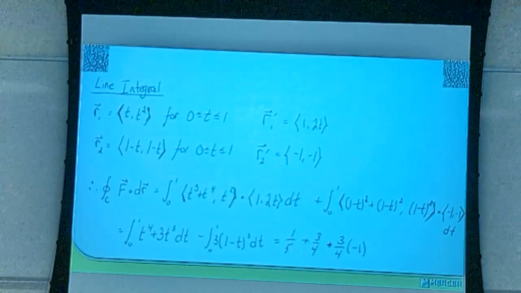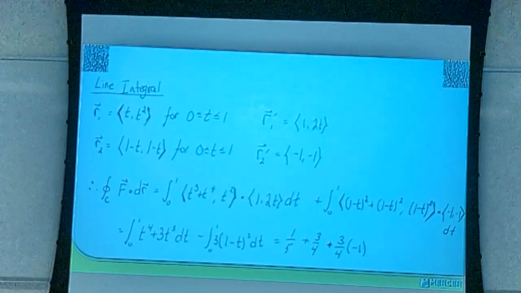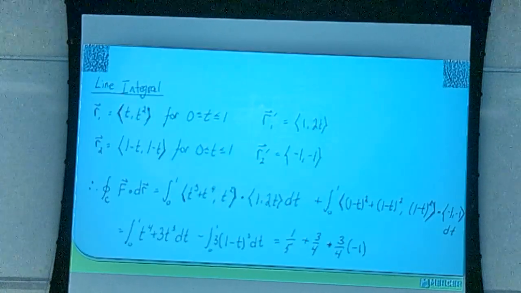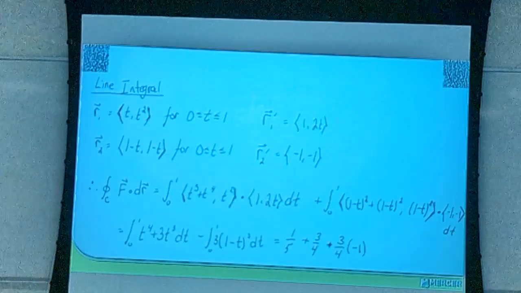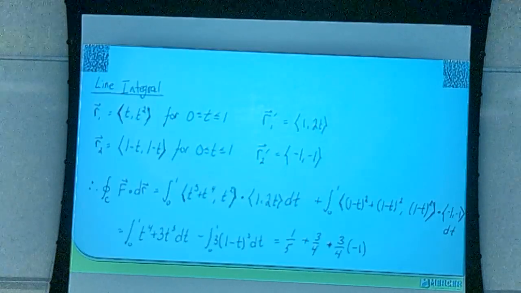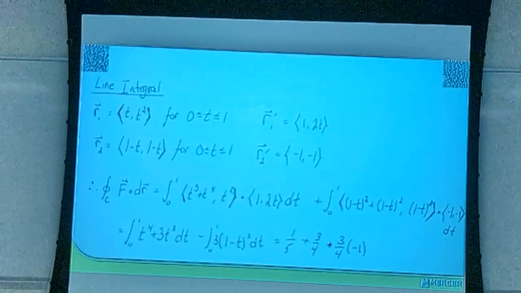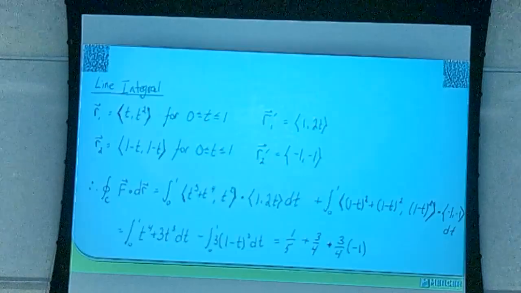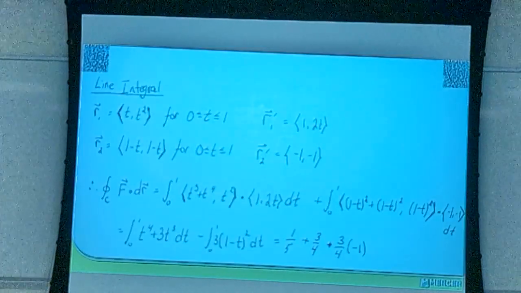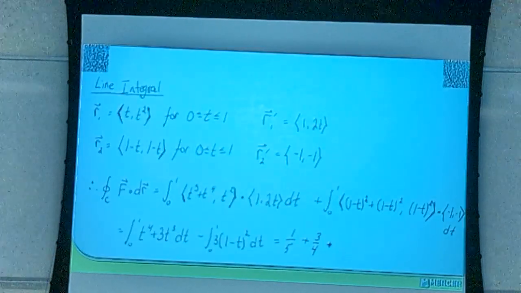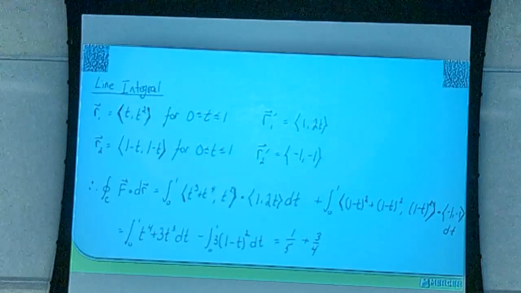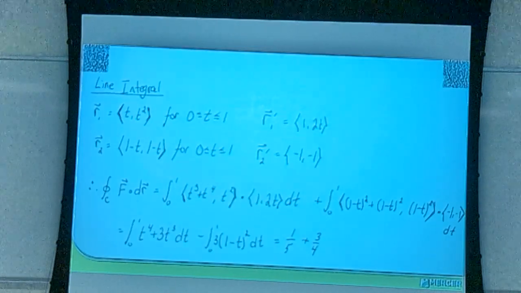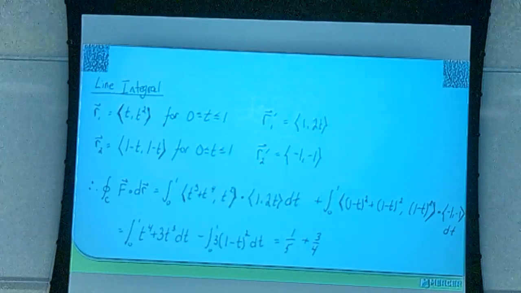Times negative 1. No, that's not right. Oh, that should not be a cube, that's why I wrote it down wrong. That should be a squared. That just becomes negative 1 minus t cubed, right?